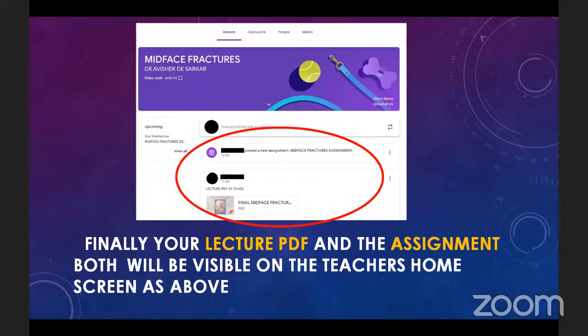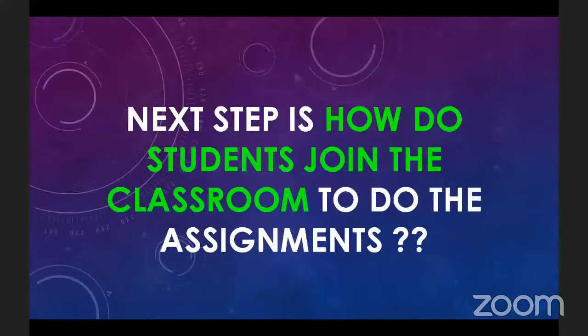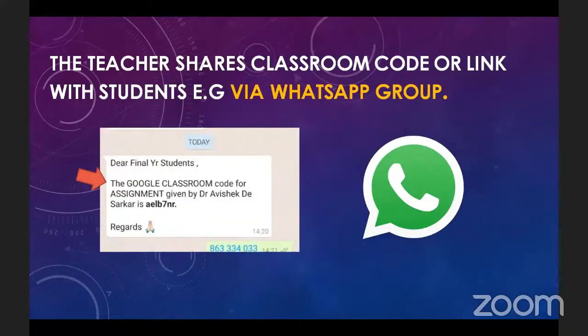The other thing that we need to know is, after creating a Google Classroom, you can always share the code, just like the way you see during this program. We have been able to share the code with you to that Google Classroom. We have been sharing the link with you on a certain forum, which is WhatsApp.